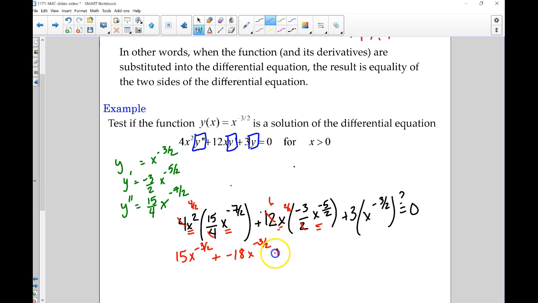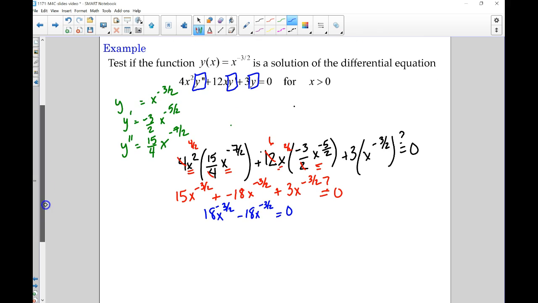And then I get plus 3x to the minus 3 halves. So in total, I believe I get 18x to the minus 3 halves minus 18x to the minus 3 halves, which does equal 0.